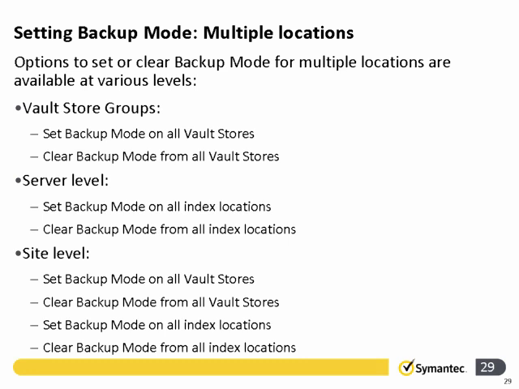I can go to the Enterprise Vault server itself, right-click on that, and I can set the backup mode on all the index locations on this particular Enterprise Vault server, or clear it. I can go up to the site level and set the backup mode on all the vault stores in the site, or clear it, as well as set the backup mode on all the index locations in the site, or clear it. So again, this gives you the capability of setting them for a whole collection of locations at the same time instead of doing it individually.